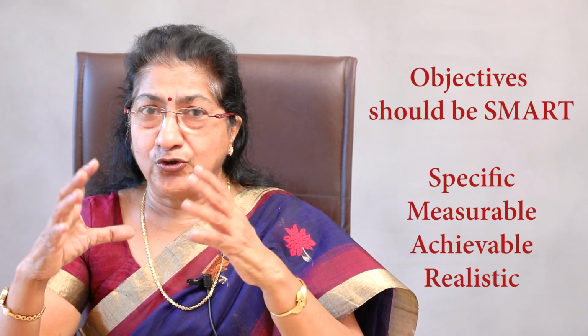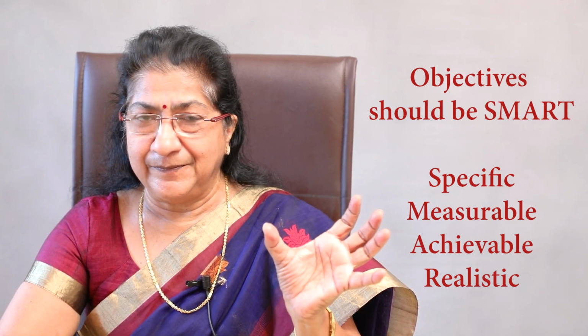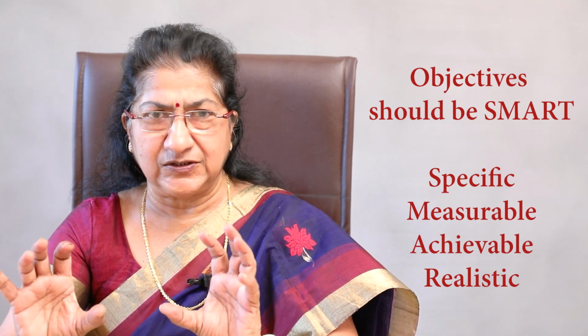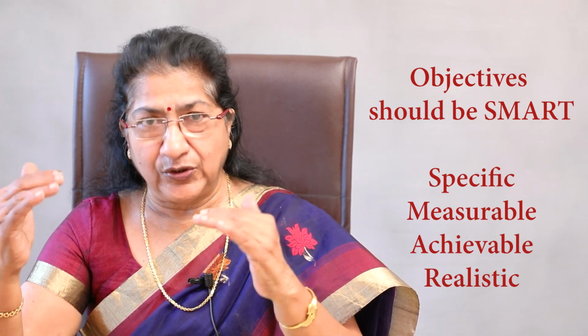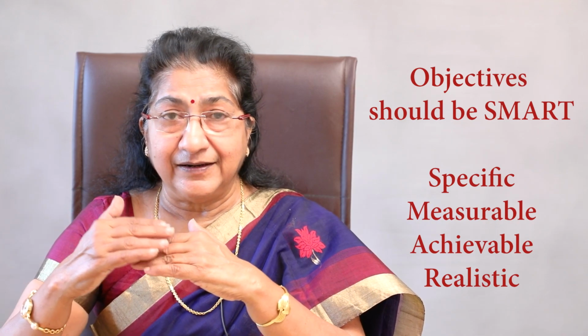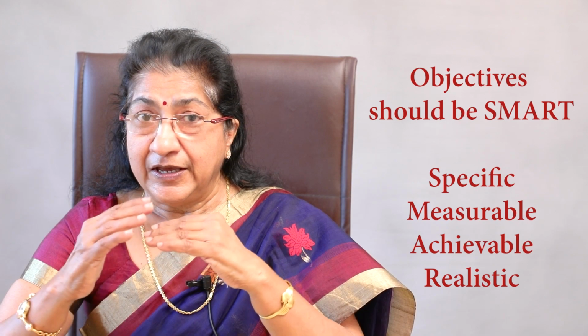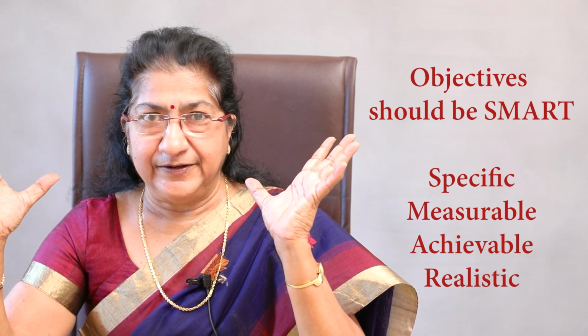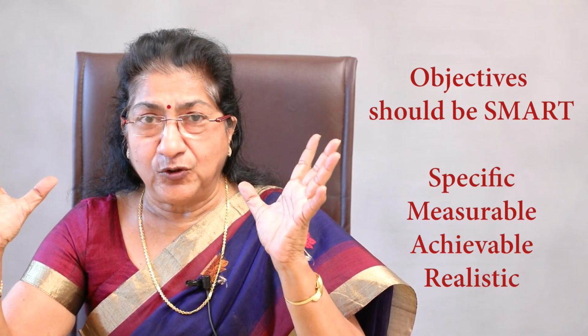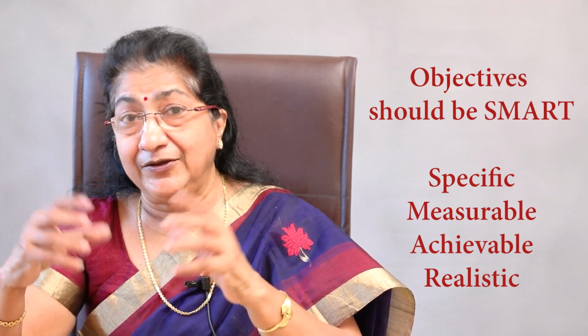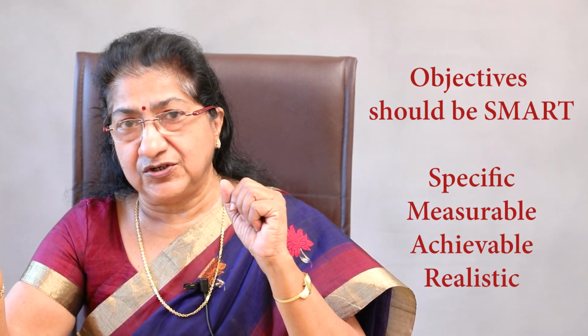Suppose you want to measure the income of a person, then you can measure in rupees, or in another currency also. So, it must be measurable. Then it must be achievable. Achievable means if your scope is very wide, then it is possible that in the middle of the way you may have to drop your research study.